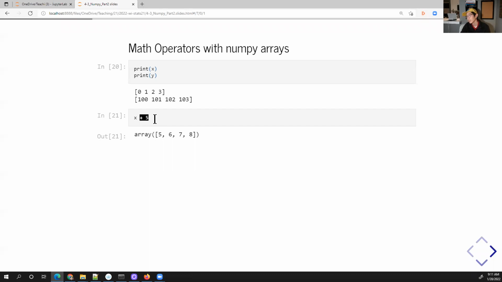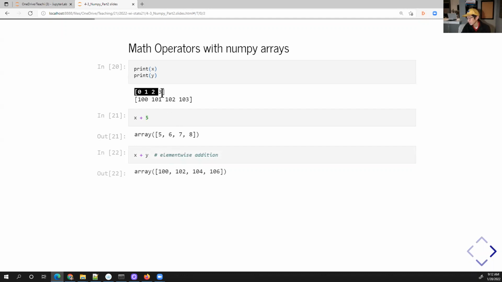It's the equivalent concept of recycling in R, where it recycles values across a vector. NumPy broadcasts: it takes this value and creates an equivalent array of the same size filled in with the same number, and then it adds that.